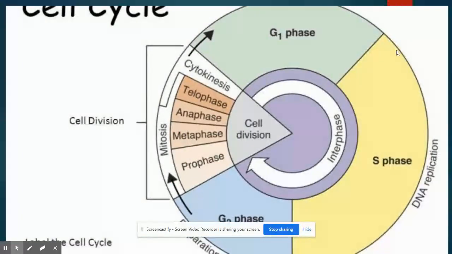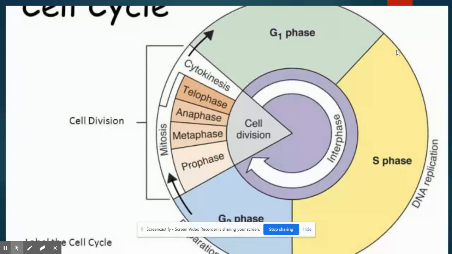So here's a picture of the cell cycle. We'll be coming back to this quite a bit. If we look in the middle, that purple area with the white arrow that says interphase, see how it's the longest phase of the cell cycle? Interphase is when the cell is not dividing. We have G1, when G stands for growth. That's when the cell is growing.